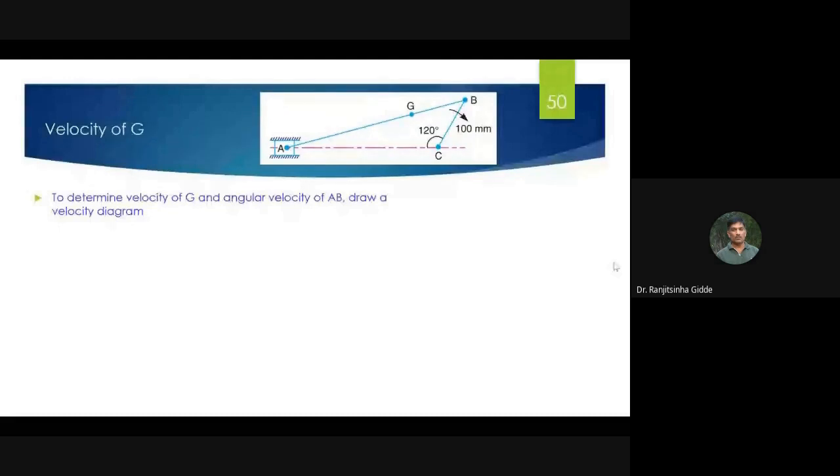Already 3 to 4 times we have drawn velocity diagram.